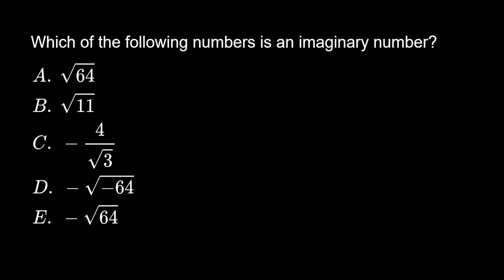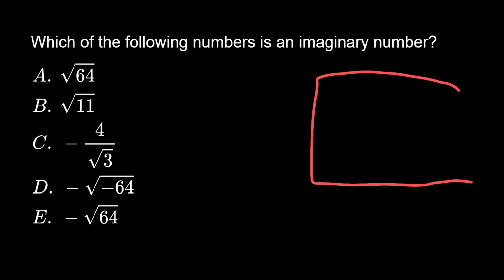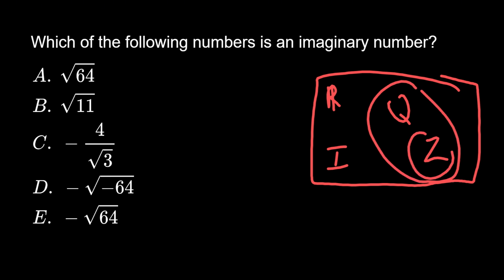In this first problem, we have: which of the following numbers is an imaginary number? Each one of these we have to look at and determine what imaginary is. If you think of everything you know and have learned until imaginary, that is a real number. You might have rational numbers, irrational numbers, integers, and these are within themselves.